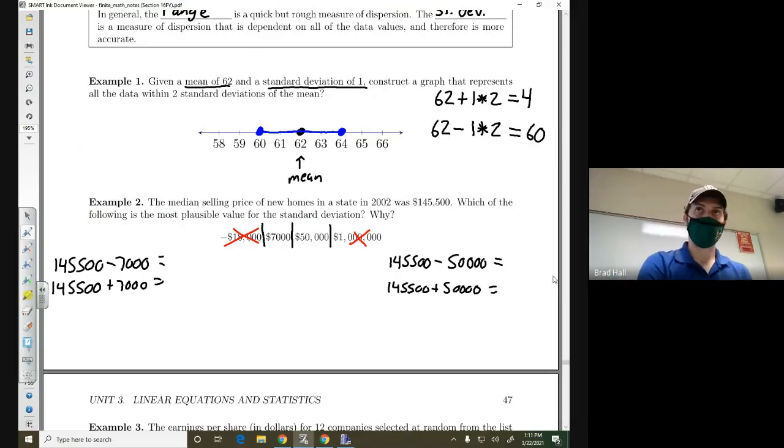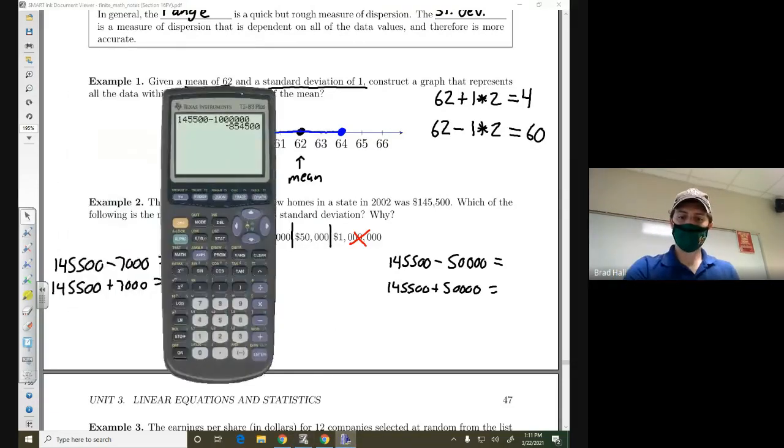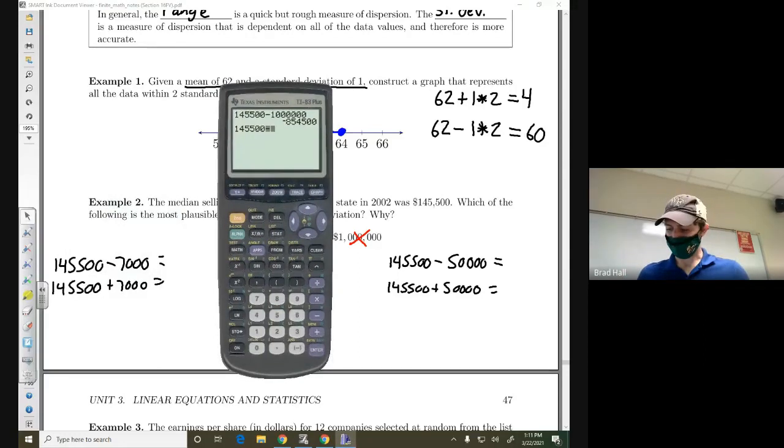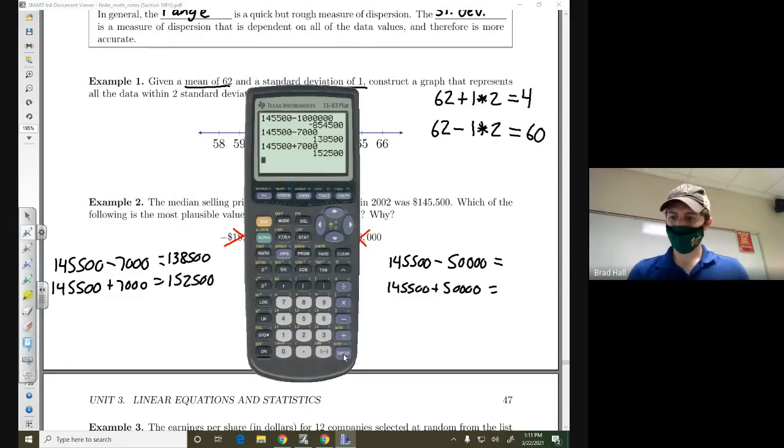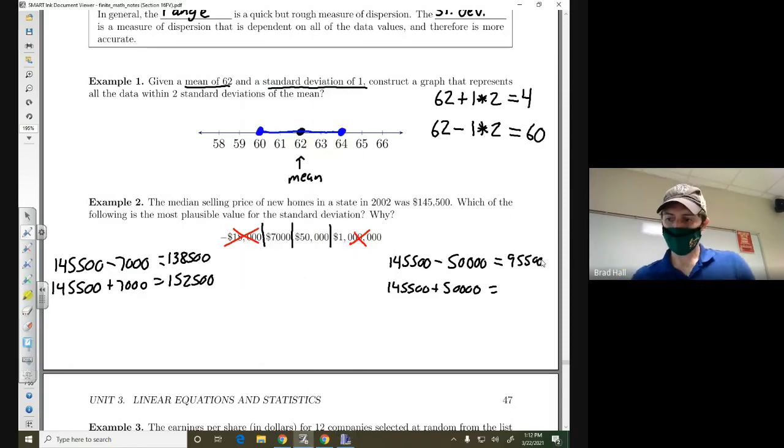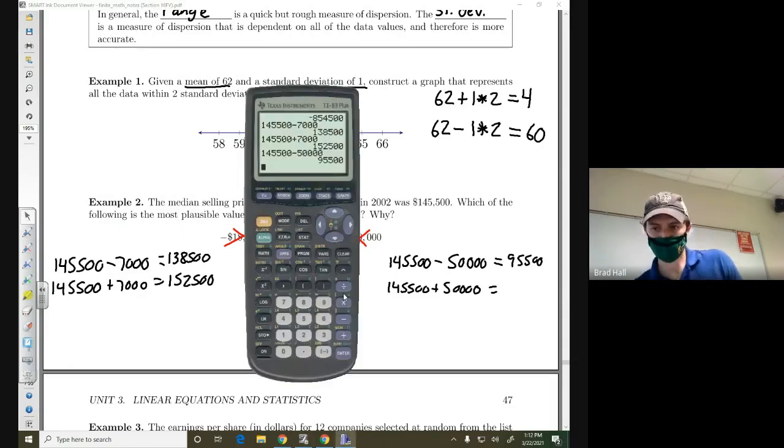So let's think about the repercussions of some of these values. 145,500 minus 7,000, that would be plus 7,000, 152,500, minus 50,000. And we have one more. And then we can go ahead and interpret all of this.